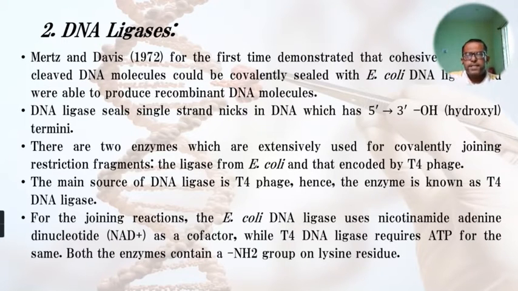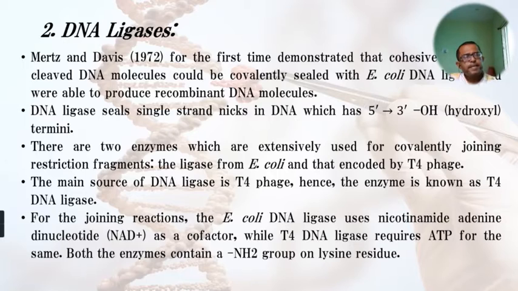This enzyme was first demonstrated by the scientists Mertz and Davis, who showed that the cohesive ends produced by the use of restriction endonuclease enzyme can be sealed, can be rejoined with the help of an enzyme present in E. coli, which they called DNA ligase. The function of this DNA ligase enzyme is to rejoin the fragments produced by the restriction endonuclease enzyme.